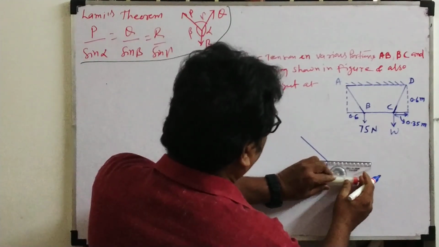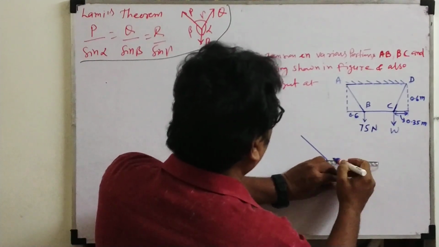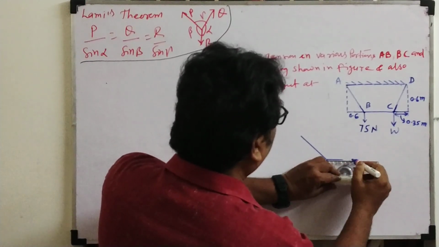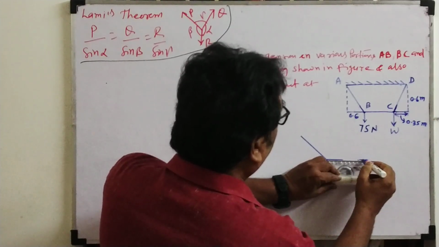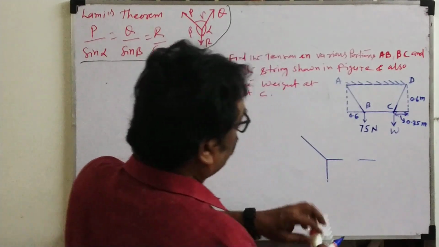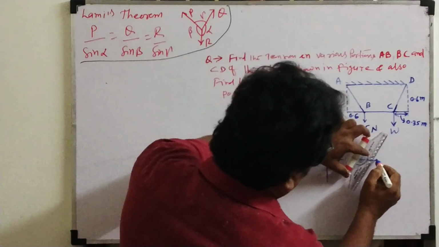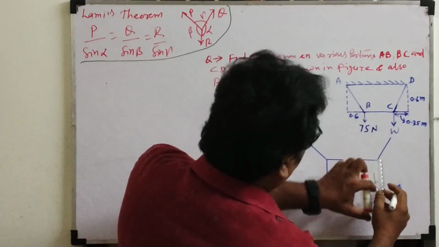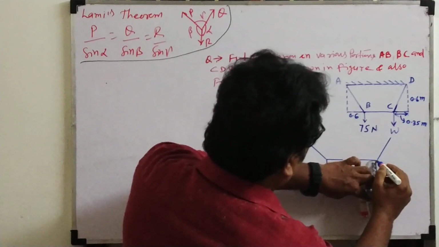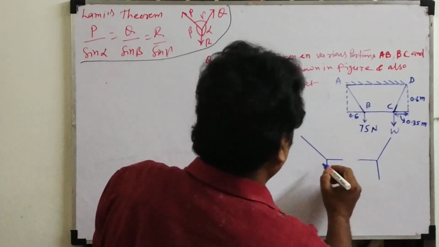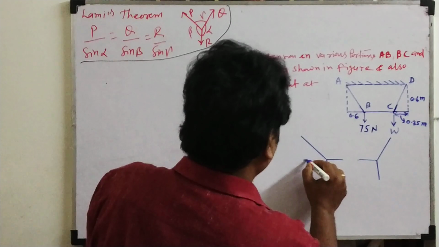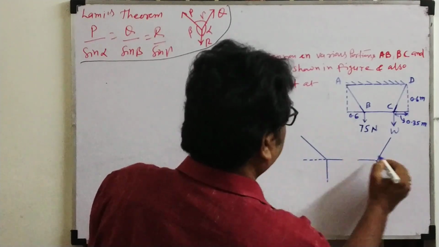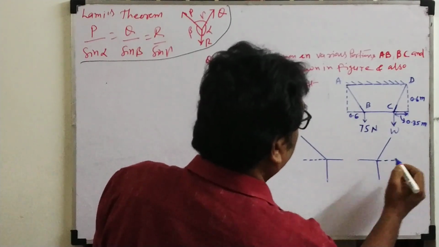Now draw this horizontal line on both sides, this and this. Now another inclined line is here. Draw the inclined line and then weight W.